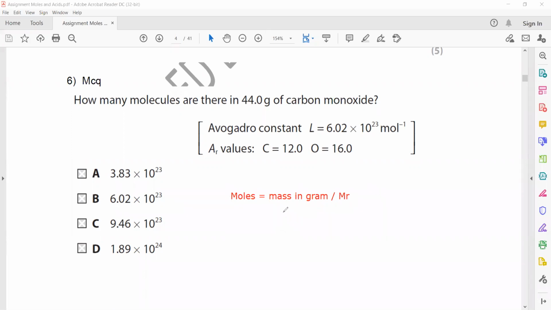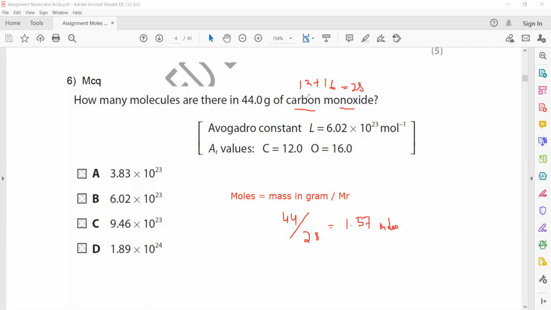The mass in gram is 44, divided by the molar mass of carbon monoxide. So carbon is 12 plus oxygen is 16. That will make 28. So 44 divided by 28, we'll get the moles, which is 1.57. So 1.57 are the moles for carbon monoxide.